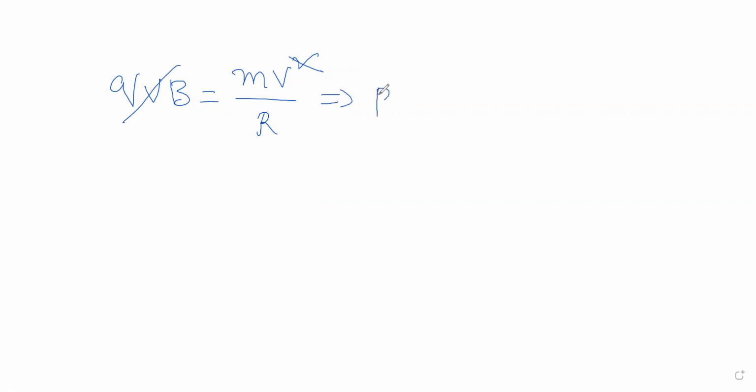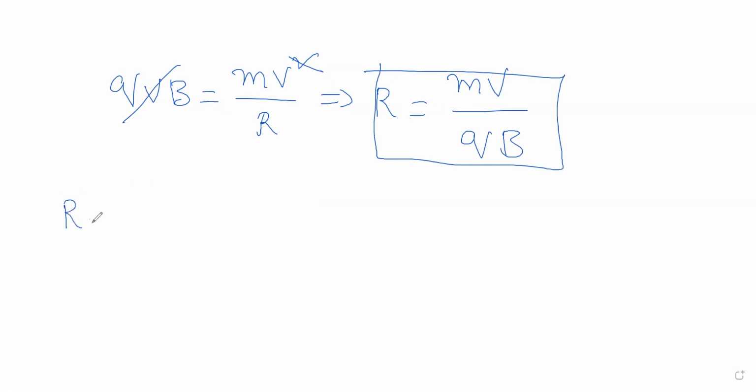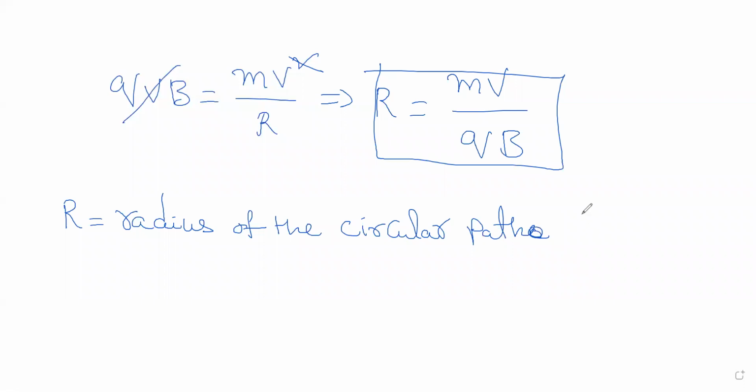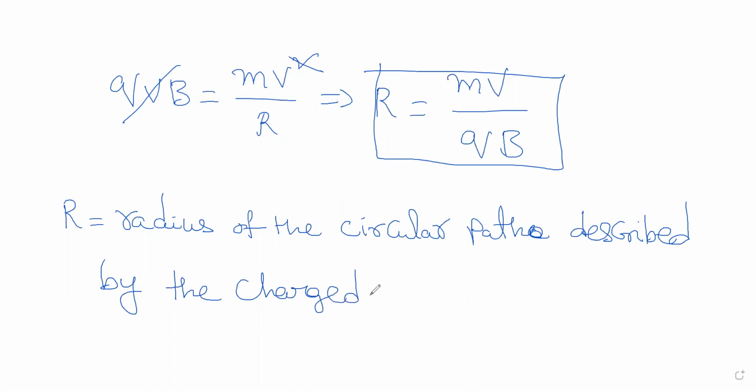So I get R is equal to mv by QB, where R is the radius of the circular path described by the charged particle. R is equal to mv by BQ.